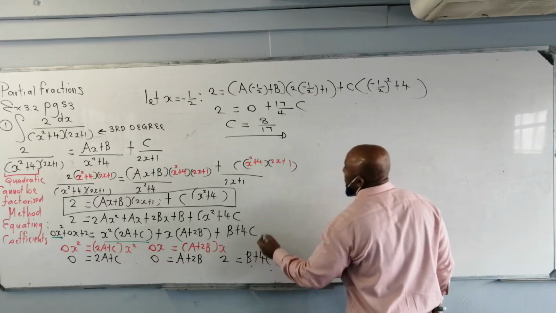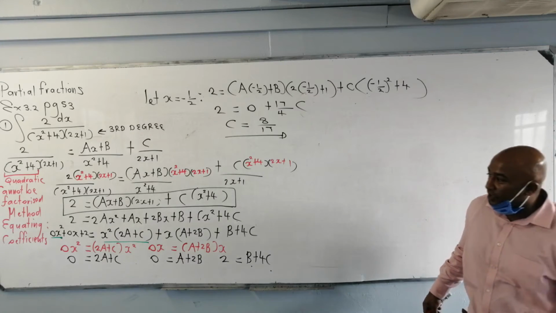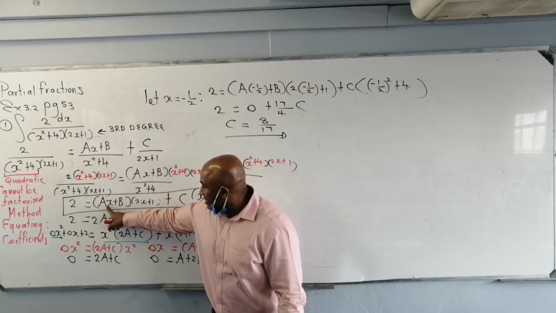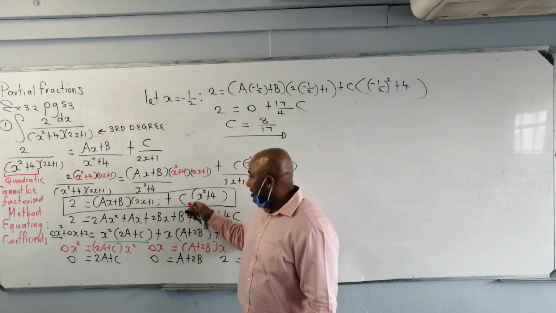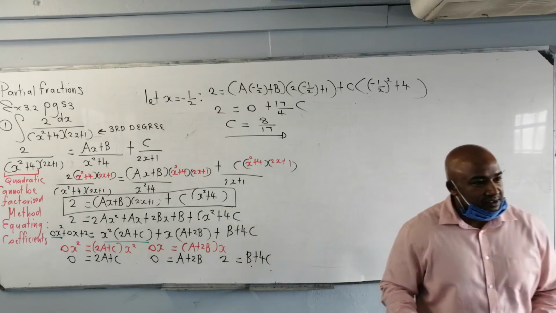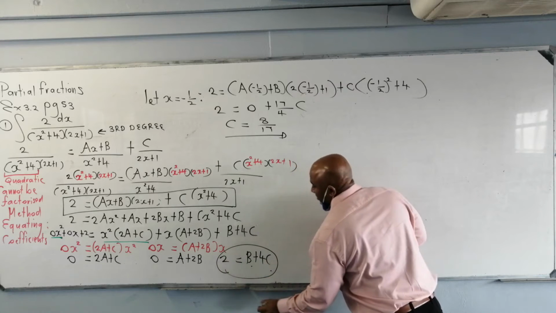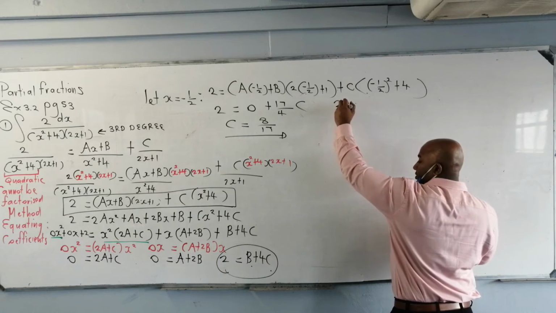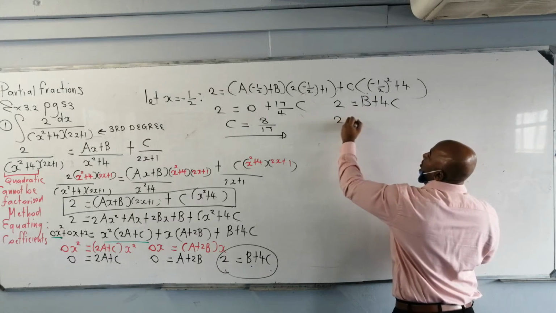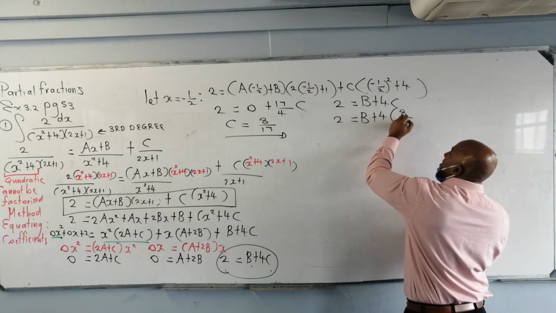2 is equal to B plus 4C. Or if you want to, you can still use a substitution again. You can maybe put x equal to 0. If I put x is equal to 0, 0 there, 0 there, 0 there, it will work. You can try that out. But let me use this one here for now. So 2 is equal to B plus 4 times 8 over 17.